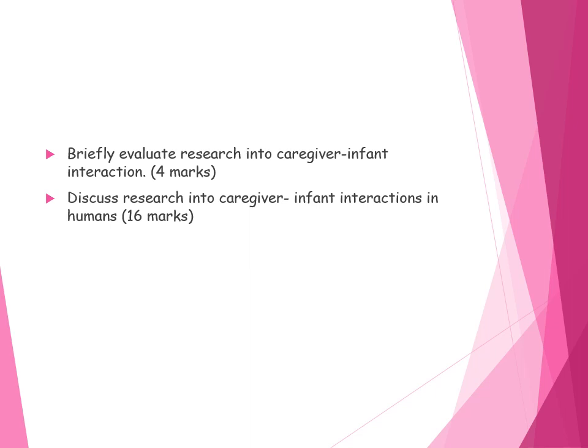So 2 main paragraphs on your AO1, so talking about interactional synchrony for 3 marks and reciprocity for 3 marks, and then move on to 3 to 4 evaluation points on caregiver interactions.